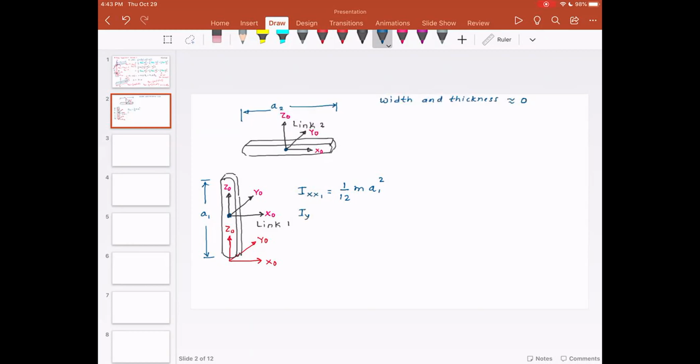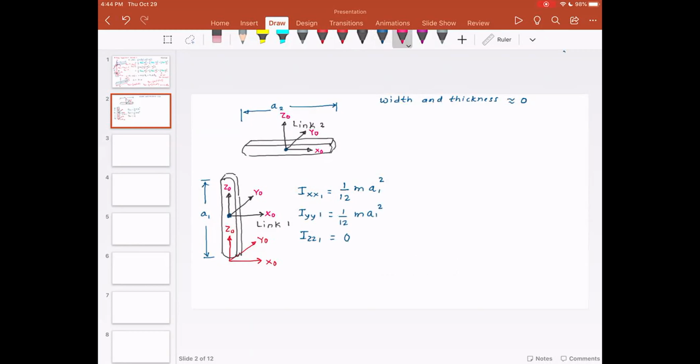Iyy1 is going to be 1 by 12 m A1 square. Izz1 is going to be 0.